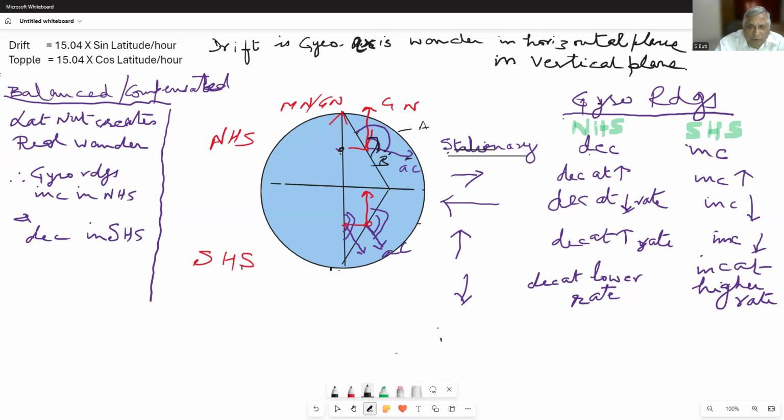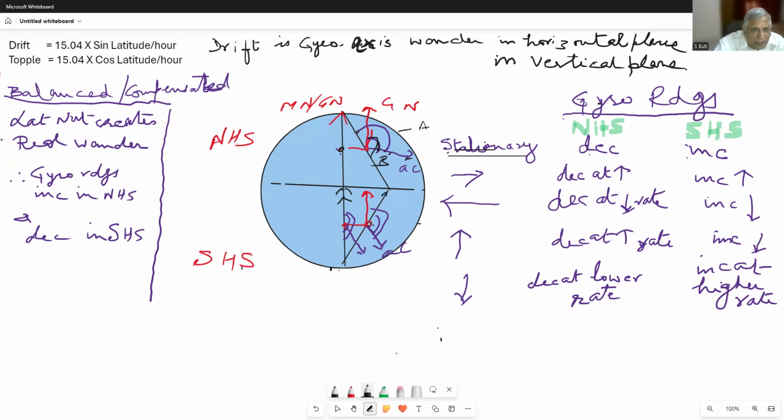In southern hemisphere, readings will increase. This is what will happen in the southern hemisphere. When you started from here, you aligned your magnetic compass and gyro north and magnetic north in the same direction. And this aircraft will give you same direction on both. After some time, this aircraft has now over the same meridian, but the meridian has moved.